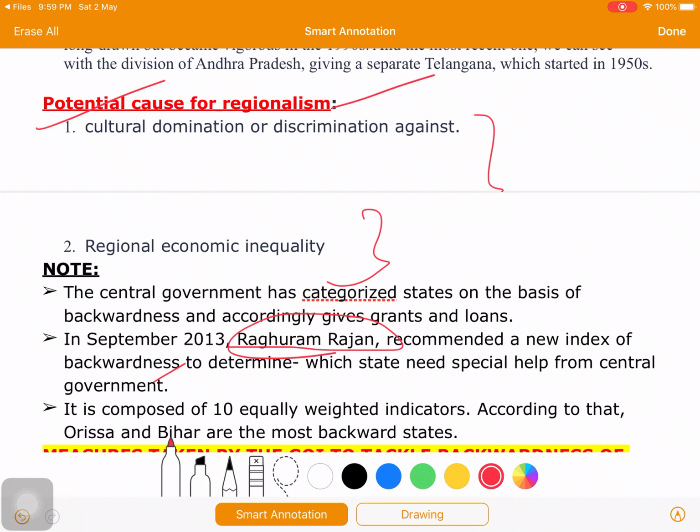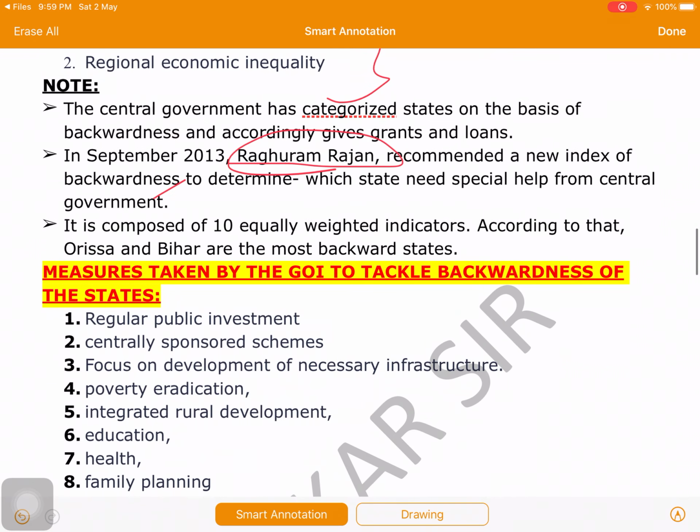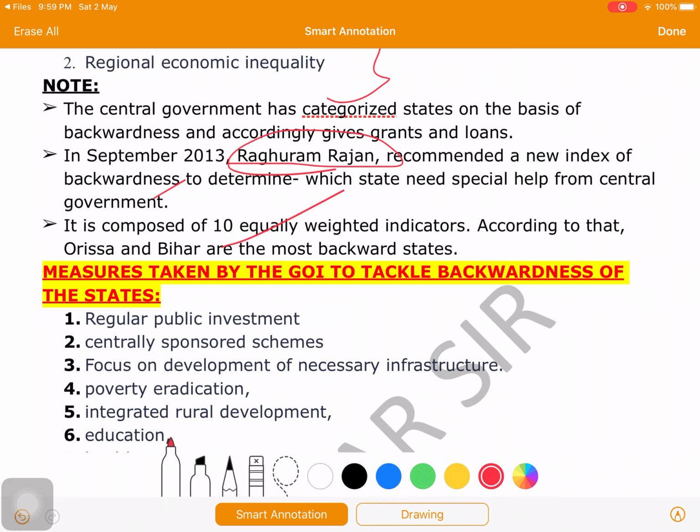According to this, 10 equally weighted indicators were placed. So which committee recommended these 10 most important points? The Raghuram Rajan Committee. According to that, Odisha and Bihar were stated as the most backward states in India even today.